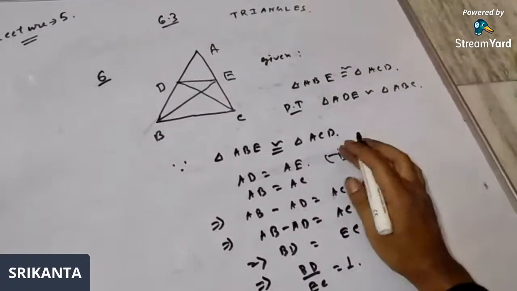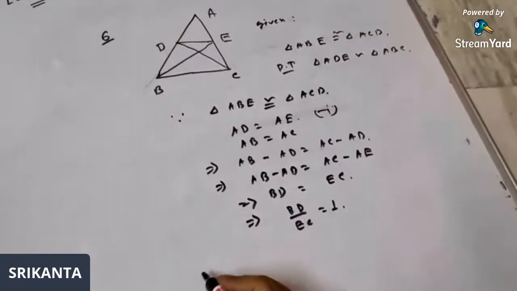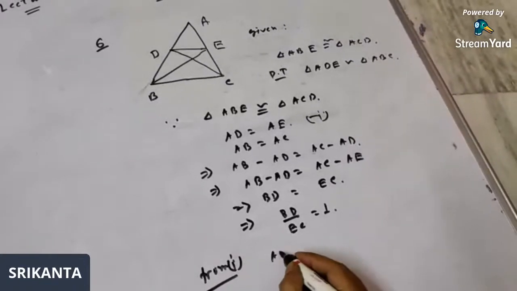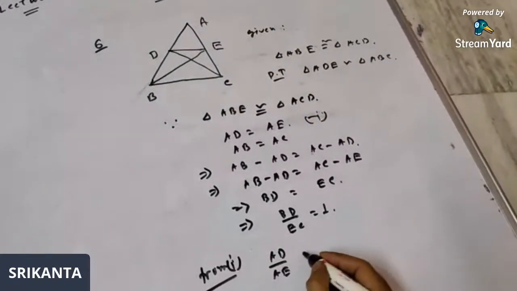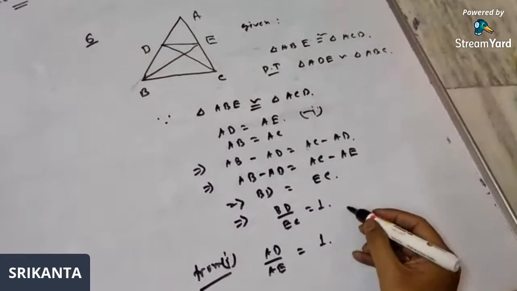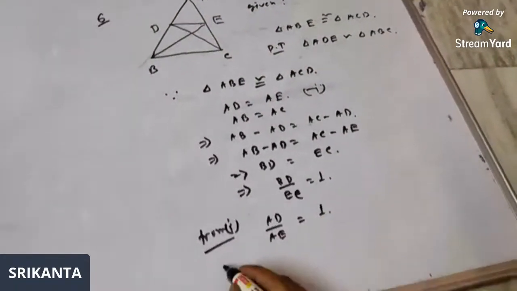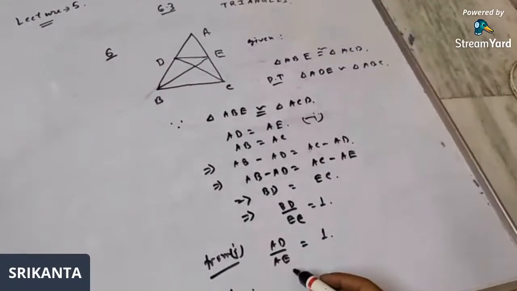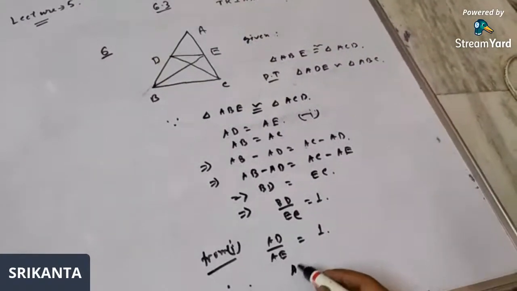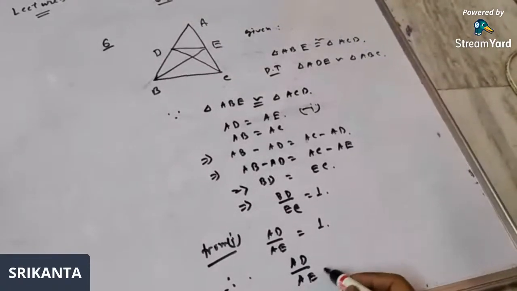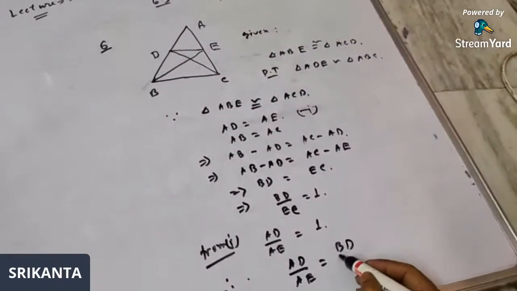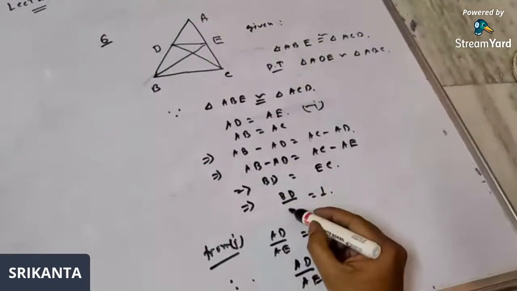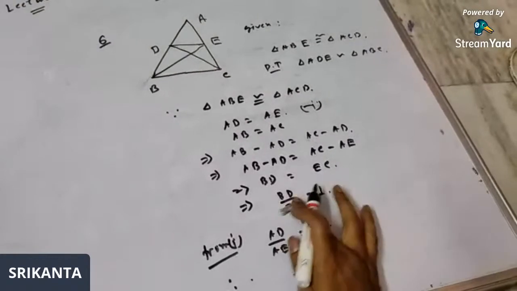Also from 1, what can we say? AD by AE will also be equal to 1, right? So consequently, we can say this by this is equal to this by this. So we have AD by AE equal to BD by EC. Clear?